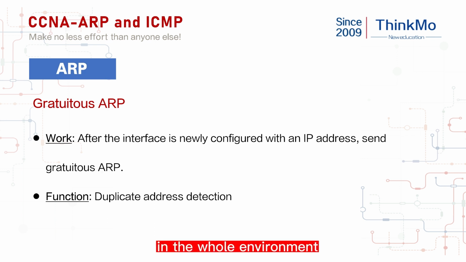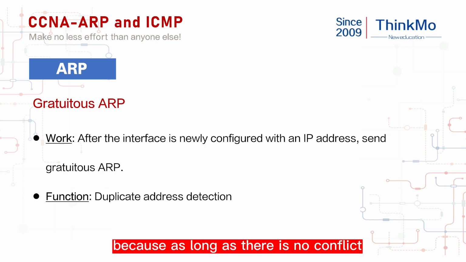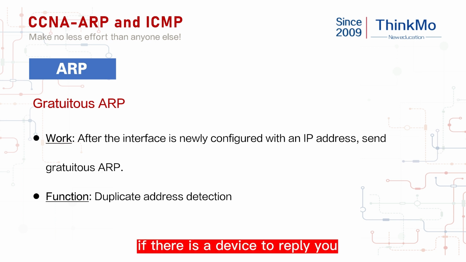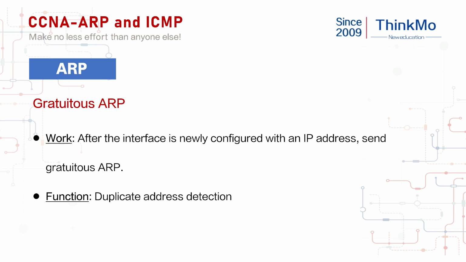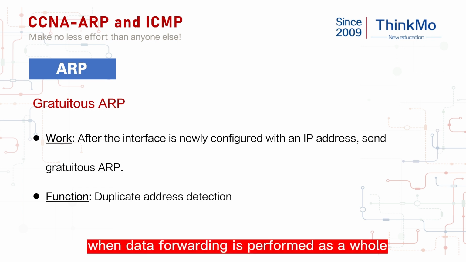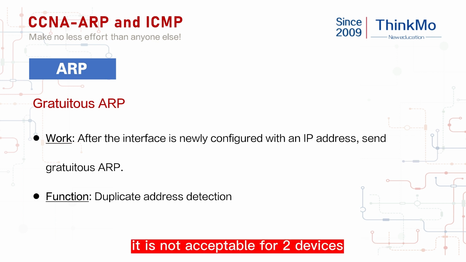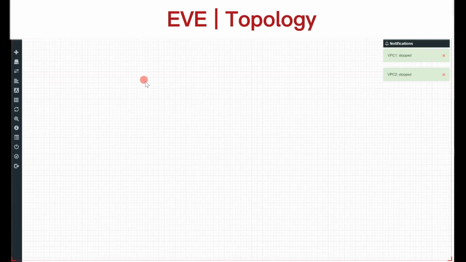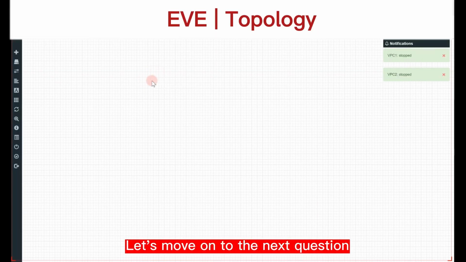In the whole environment, this IP is unique, because as long as there is no conflict, no device will reply to you. If a device replies to you, it proves it has the same address as yours, and you need to change it. When data forwarding is performed as a whole, it is not acceptable for two devices to have the same address. Let's move on to the next question.